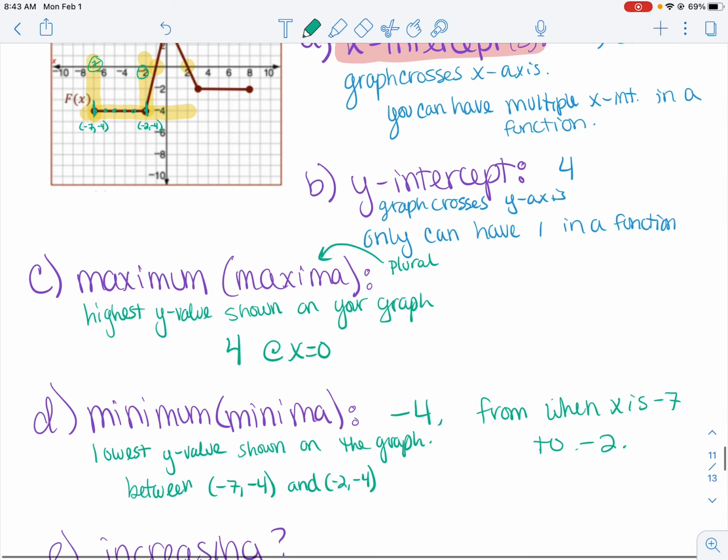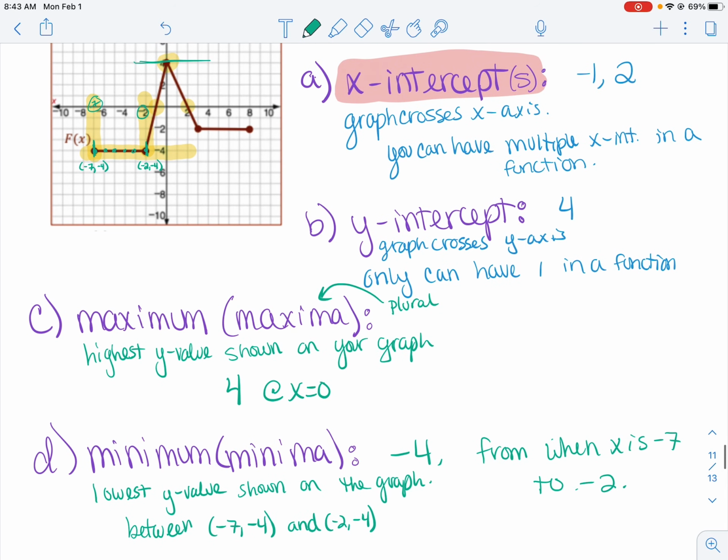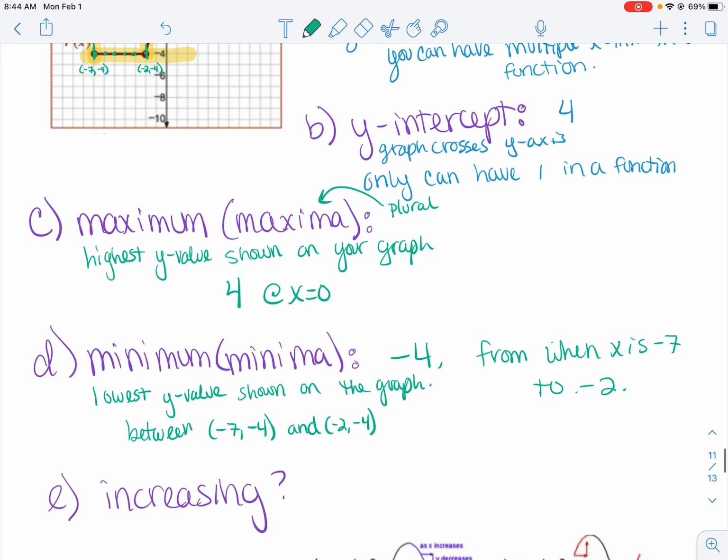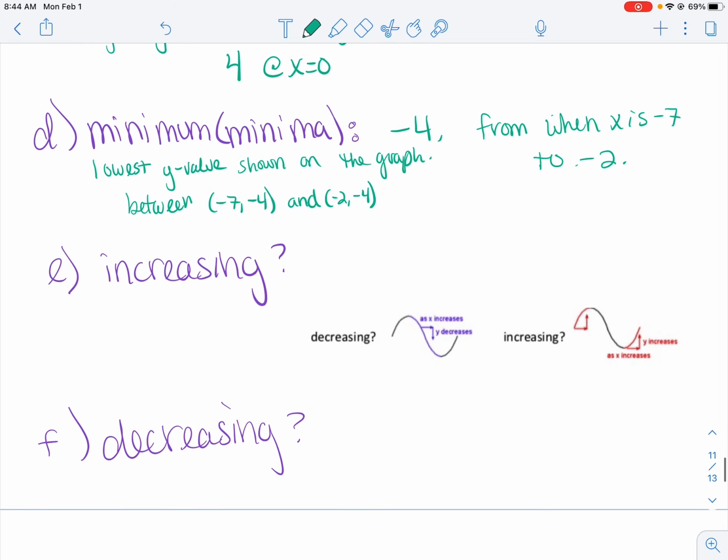So when we talk about minimum value or maximum value, if there are more than one, you can talk about either listing those specific points or giving a range of those points. What's the first one and the last one that we see if they're all connected, okay?